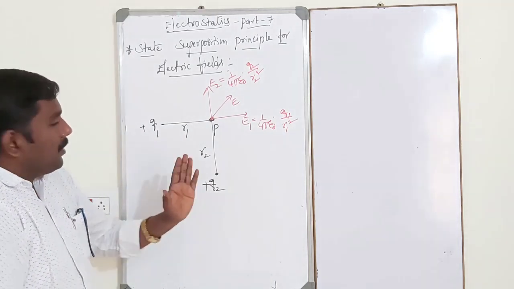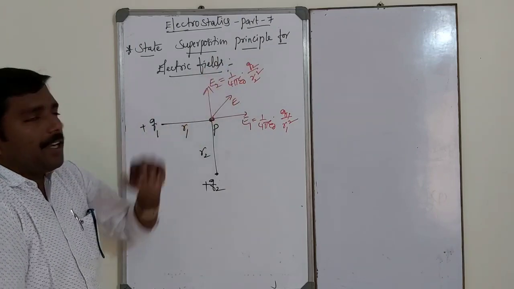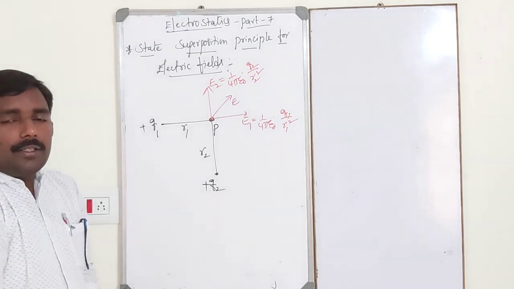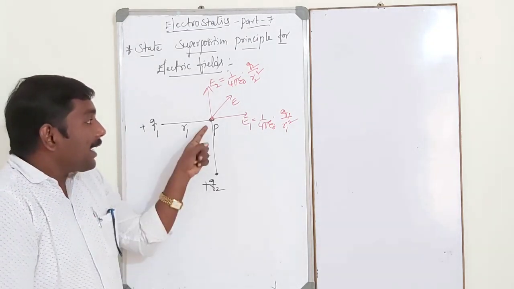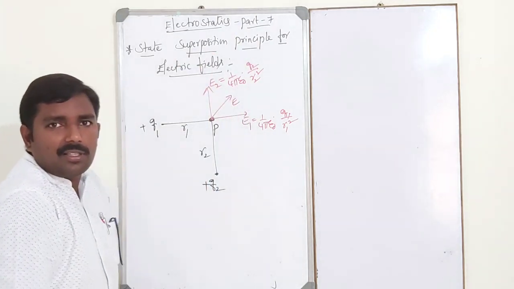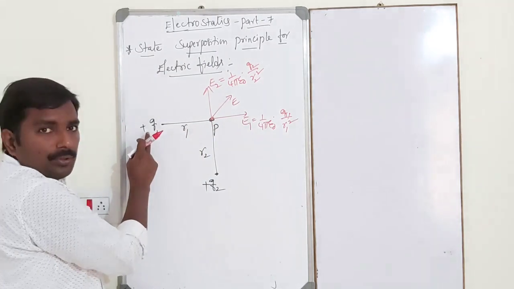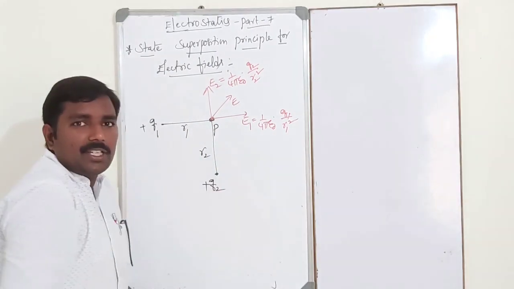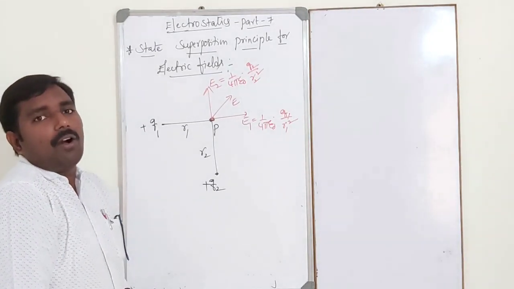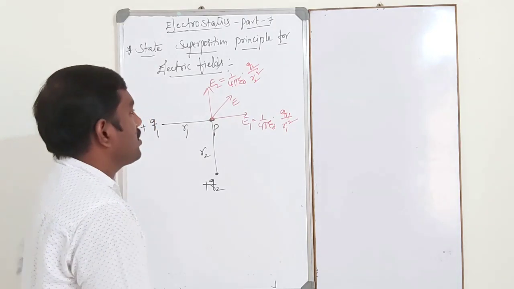Okay. See, dear student, state superposition principle for electric fields. Statement: the total electric field at a point due to all charges is equal to the vector sum of all the electric fields due to all charges.